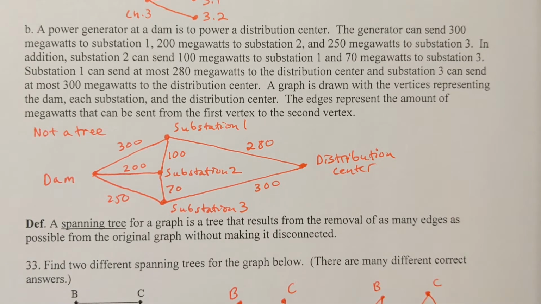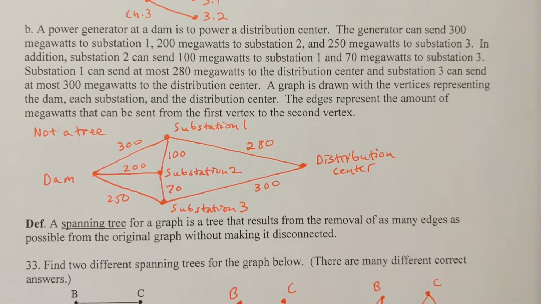Part B, a power generator at a dam is to power a distribution center. The generator can send 300 megawatts to substation 1, 200 megawatts to substation 2, and 250 megawatts to substation 3. In addition, substation 2 can send 100 megawatts to substation 1 and 70 megawatts to substation 3.